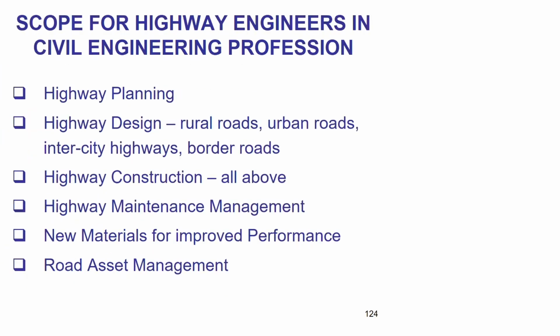And the scope for highway engineers is that you have huge potential as highway planners, highway designers, in construction of rural roads, urban roads, intercity highways, interchanges, border roads, construction using new materials and new technologies, maintaining the road asset that you have created, and improved performance using new materials. How do we manage this road asset is a challenge before you.